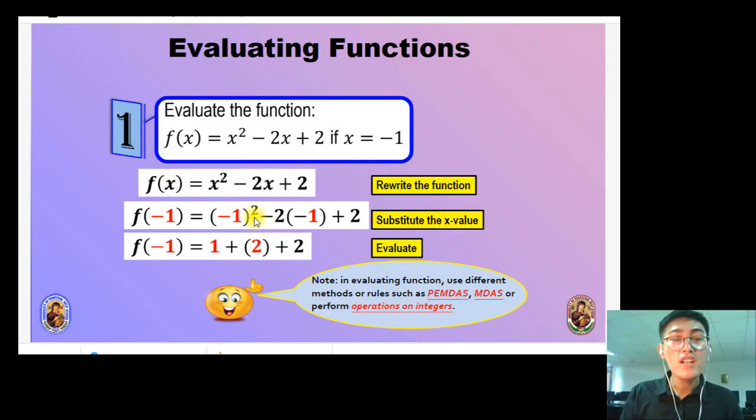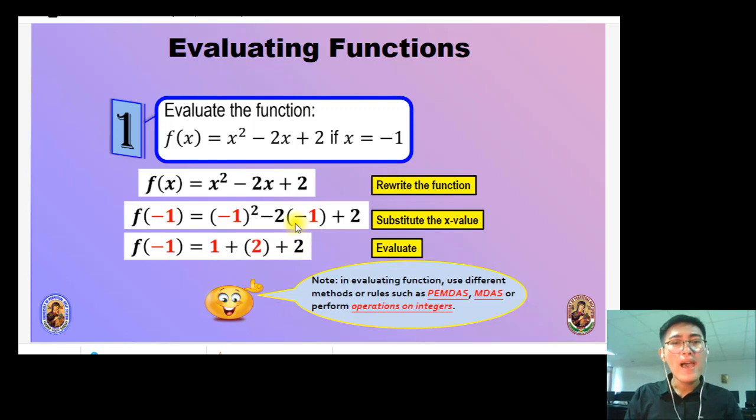Negative 1 squared is positive 1 because when you square any negative value, or raise any negative value to 2, the resulting product is always positive. That would be negative 1 times negative 1 is equal to positive 1.